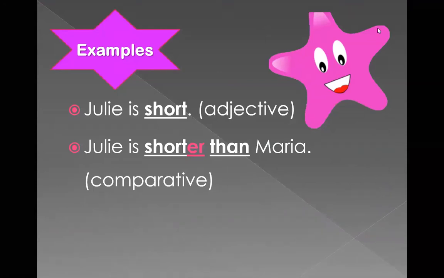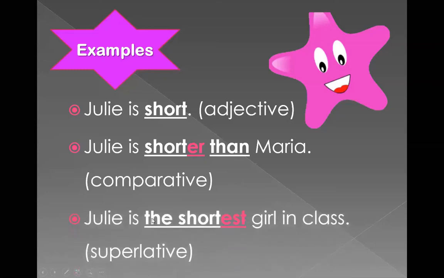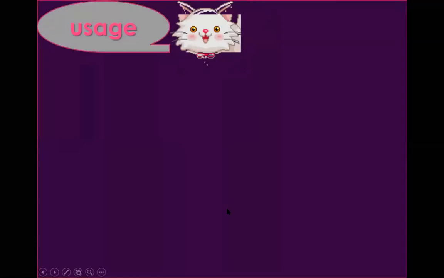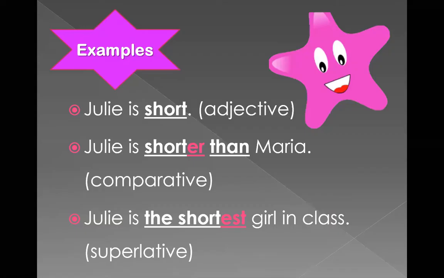Okay, this is the comparative form. Julie is shorter than Maria. Julie is the shortest girl in class. Shortest, with est, is the superlative form. Julie is the shortest girl in the class.